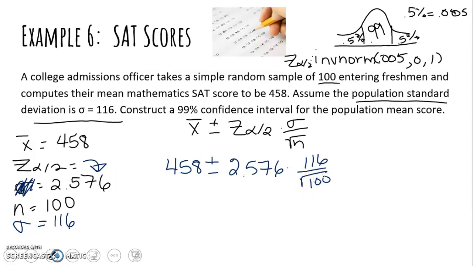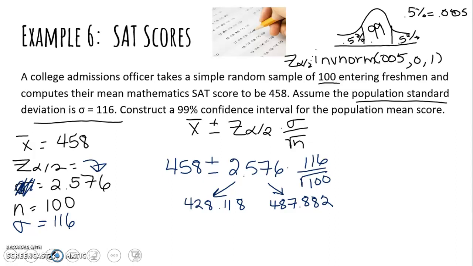So if I type that in my calculator and I do 458 minus 2.576 times 116 over the square root of 100, we get 428.118, and if we add it instead, we get 487.882.